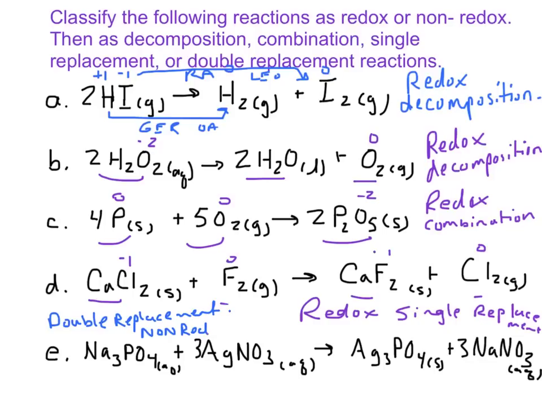We don't have any elements that have gone to be their element by themselves. And if we look, we've got sodium, which is a +1. PO4 stays as a group as a -3. We've got Ag is a +1, NO3 is a -1, Ag is a +1, PO4 again as a group is a -3, Na is a +1, NO3 as a group is a -1. So no charges changed. So this is non-redox.